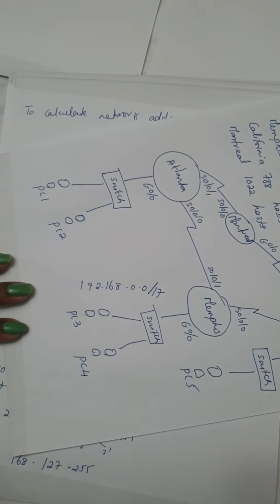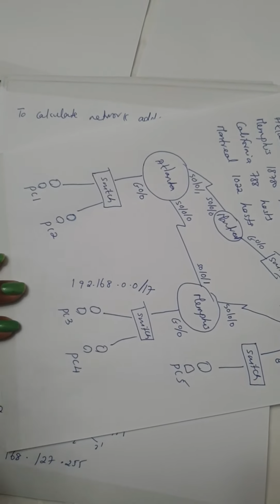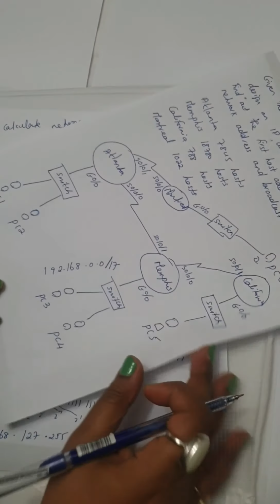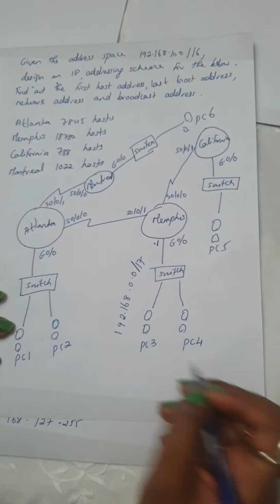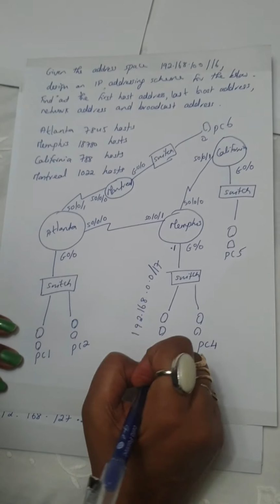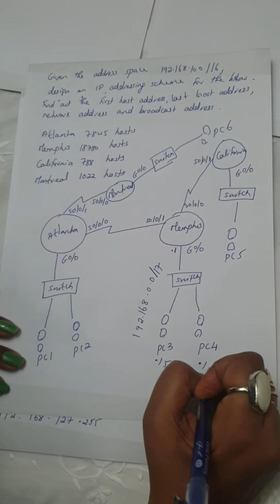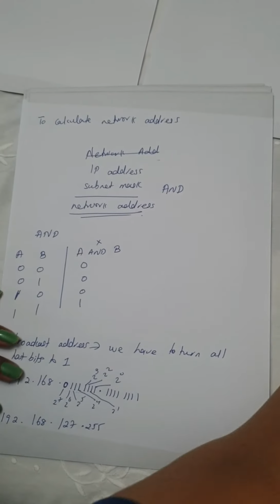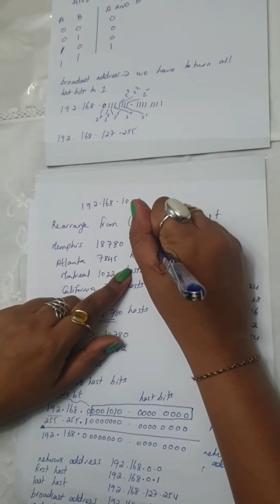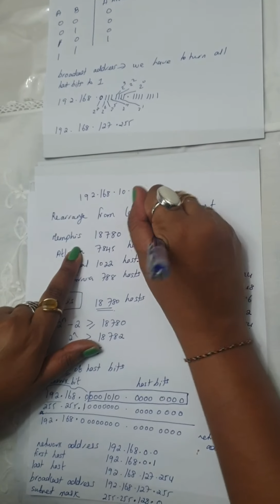The number of ones in the subnet mask is 17. And the first host address, we can put here. It depends: if the question asks you to put the first address here, put it. You can put even .100 here. Good. Now we are done with Memphis.